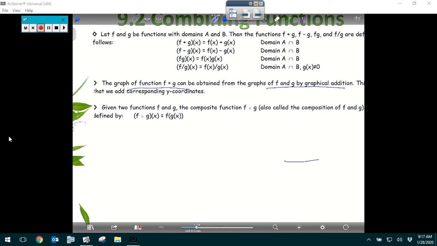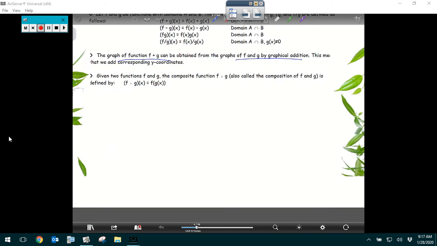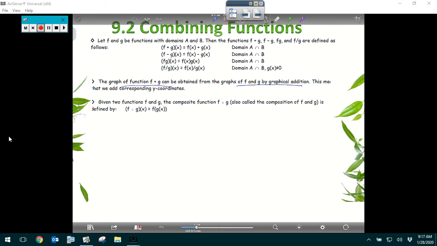Basically, the way that you do that is you add their corresponding, oh, that's kind of left the page, sorry about that, their corresponding y coordinates. Okay, so that's what we're going to be doing. Let's look at some examples of all of that. I just have a couple of them.